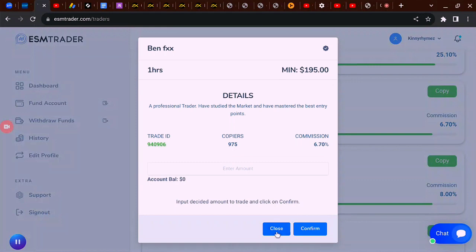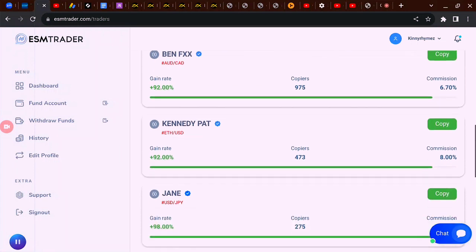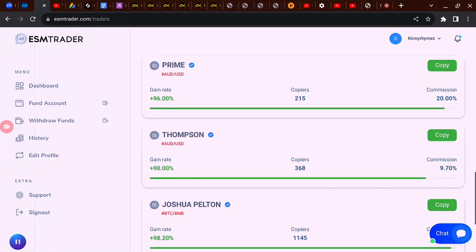These are for business people. If you're a businessman and you find it difficult to start doing your own trade, you can come to this app. I will leave the link in my description. All you have to do is invest in people for people to trade for you. These people are not scammers, they are verified traders.